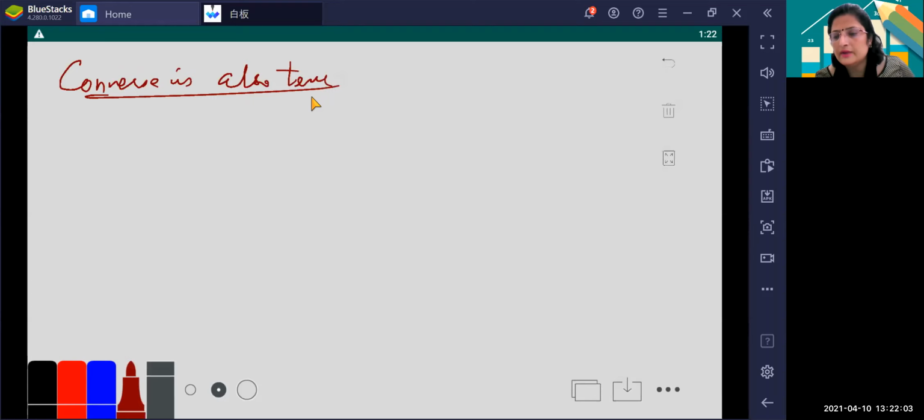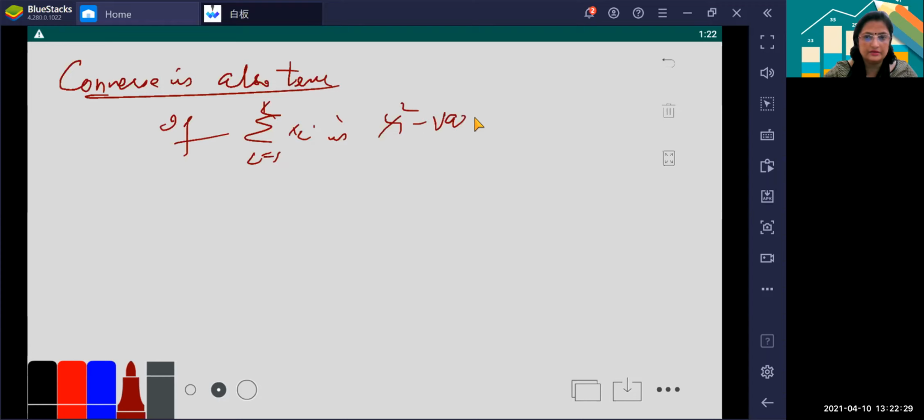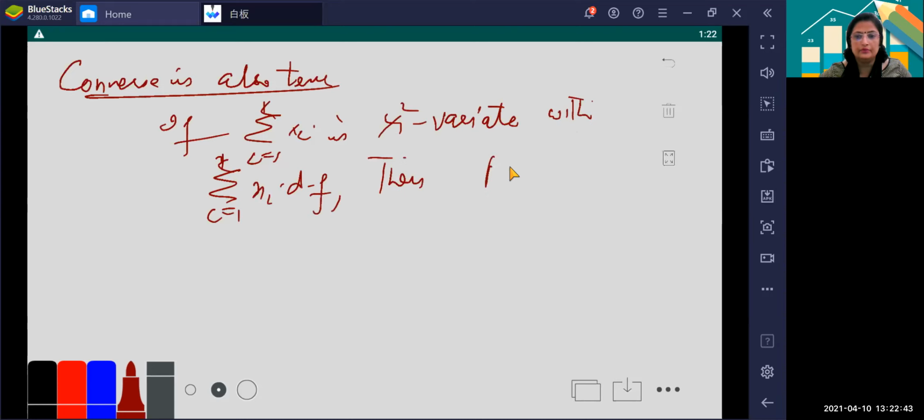Earlier we were told that x1, x2, up to xk are chi-square variates, and we had to prove their sum is also a chi-square variate. Now the sum is given as a chi-square variate, and we have to prove for each individual one that it is a chi-square distribution. Okay? If summation i running from 1 to k xi is a chi-square variate with summation i running from 1 to k ni degrees of freedom, then prove that each xi follows chi-square distribution with ni degrees of freedom.